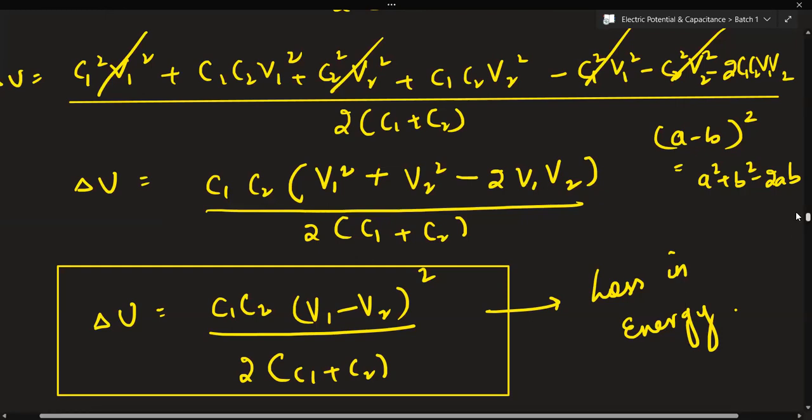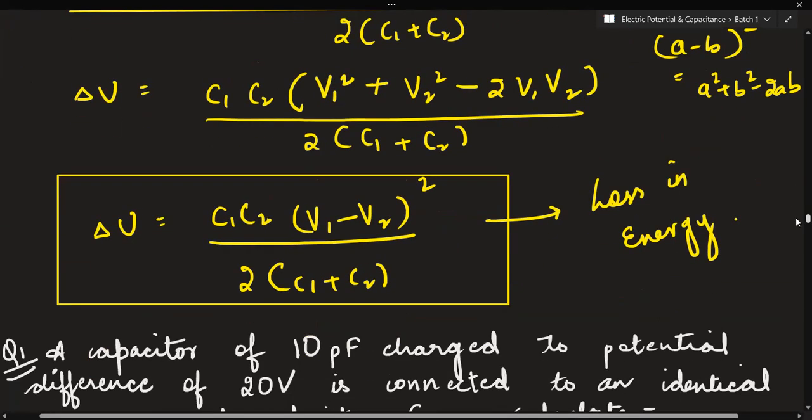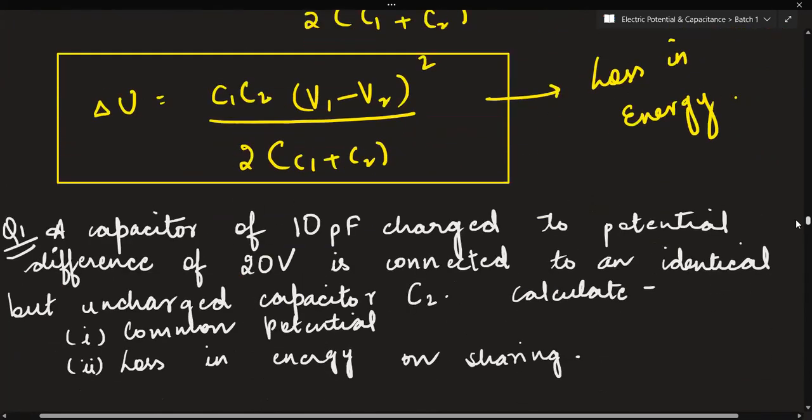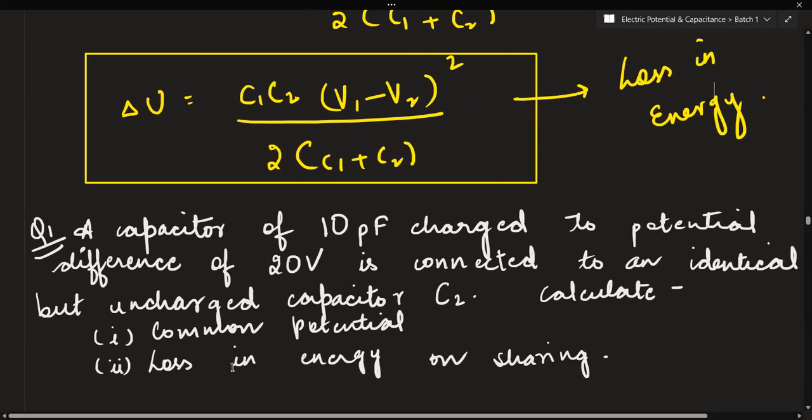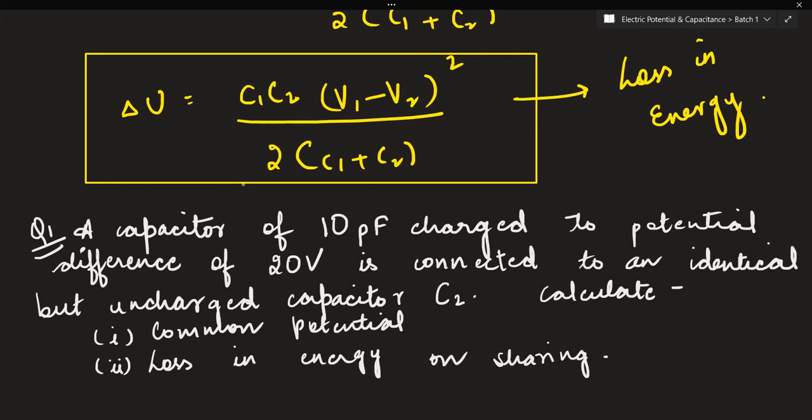Here is a question. Till the time others note it down, you just note down this question. A capacitor of 10 picofarad is charged to a potential difference of 20 volt. This is connected to an identical but uncharged capacitor C2. Calculate the common potential and the loss of energy on sharing.